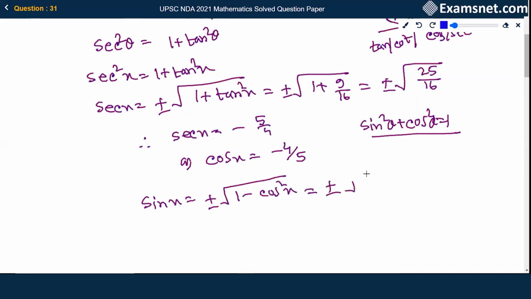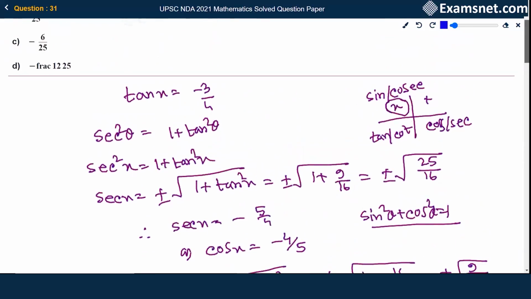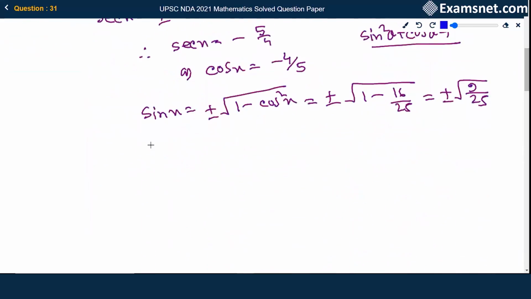Let's put the value, 16 by 25. It will give us the value 9 by 25. Since x is in the second quadrant, sin x will give us the positive value. So we will choose the positive sign, 3 by 5. So here sin x is 3 by 5 and cos x is minus 4 by 5.